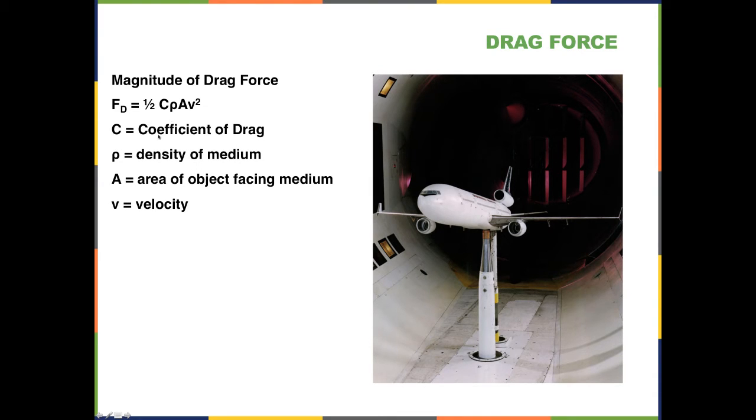And here are what each of these symbols mean. The drag force is equal to 1/2 times the coefficient of drag, which is a function of the medium that you're in, the density of the medium, the area of the object passing through the medium, that is the cross-sectional area that passes through the medium, and then the velocity of that object.